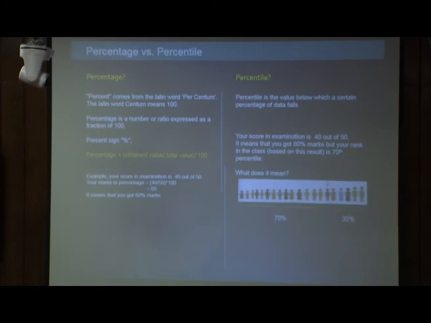Percentile can be defined as a particular point in the data set, below which a certain percentage of data exists, in that example 70%, and above which the remaining percentage of data exists.